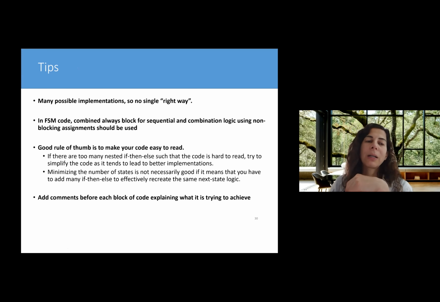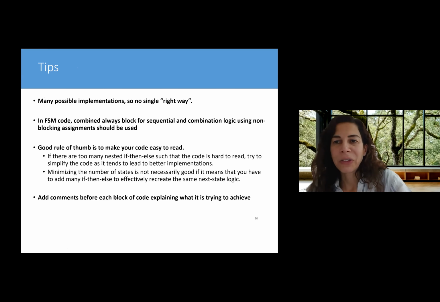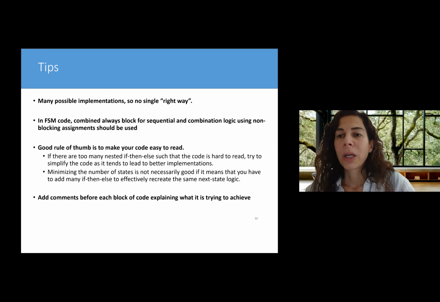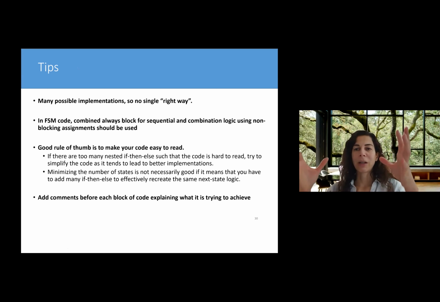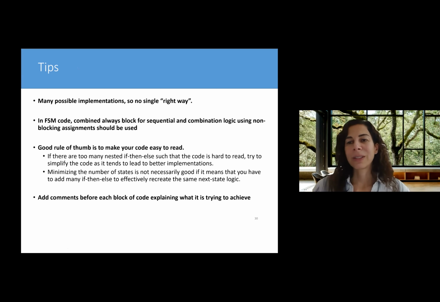Okay, so just like any other thing, if I ask you to paint a flower for me, I will probably have as many different instantiations of the flower as there are students or groups in the class. It is the same here. There are several possible implementations.